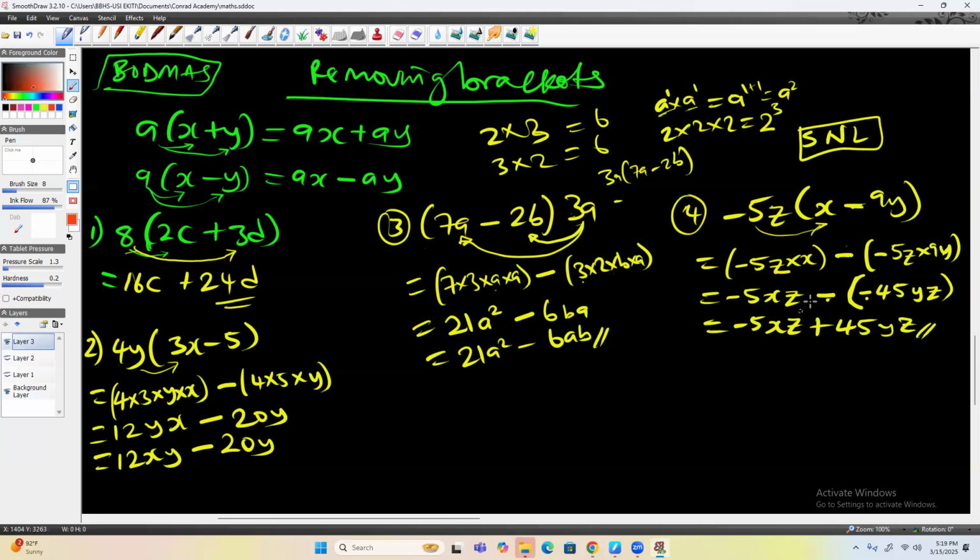Some people might decide not to go this route. They might go directly to it, in one line: negative 5 times z times x is xz, then negative times negative is positive, 5 times 9 is 45, z times y is yz.